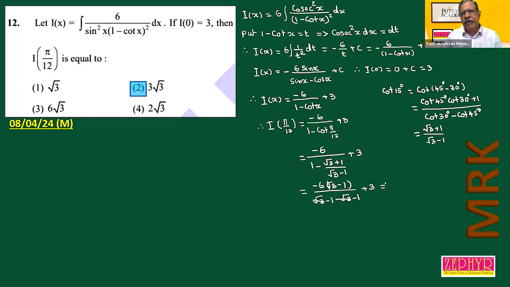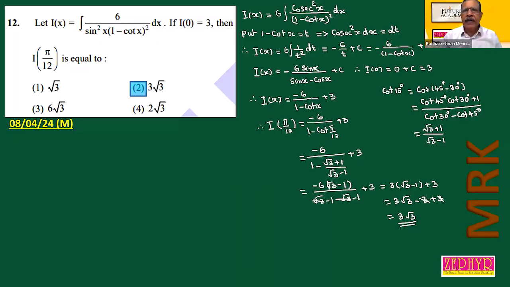So minus 6 by minus 2 is 3. 3 into root 3 minus 1 plus 3. Open bracket: 3 root 3 minus 3 plus 3. So 3 is getting cancelled, and we are getting 3 root 3. Okay.